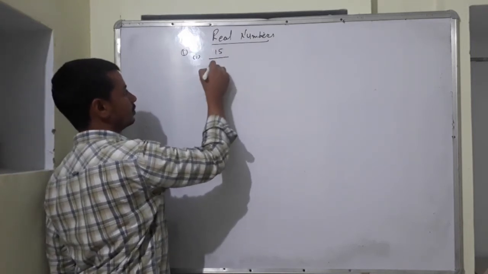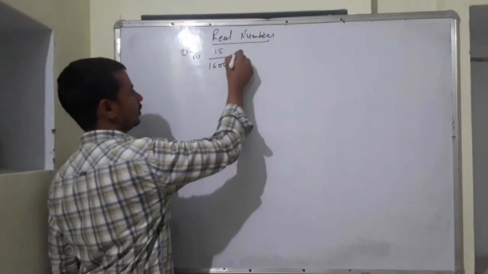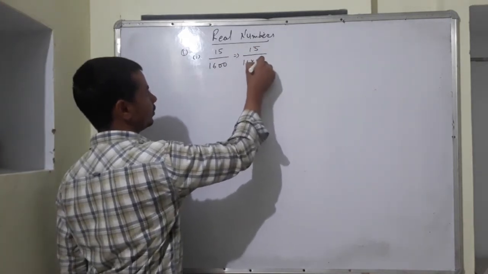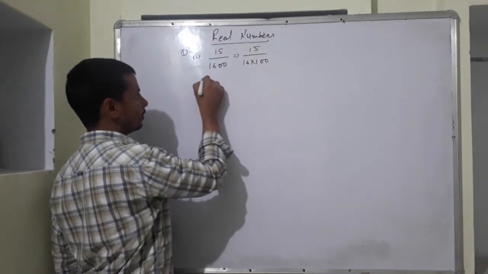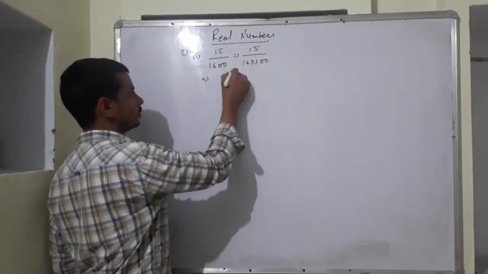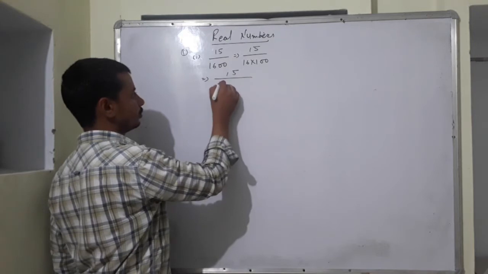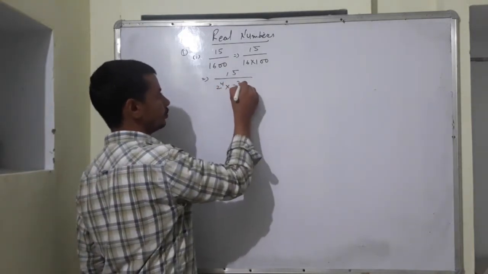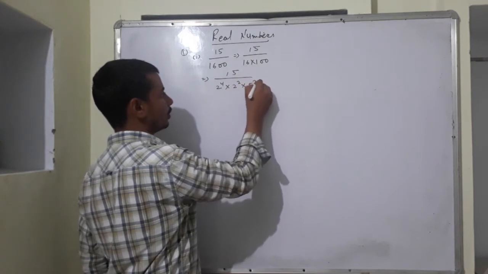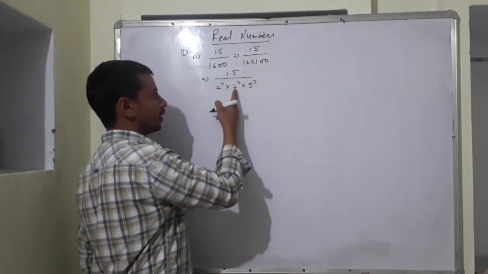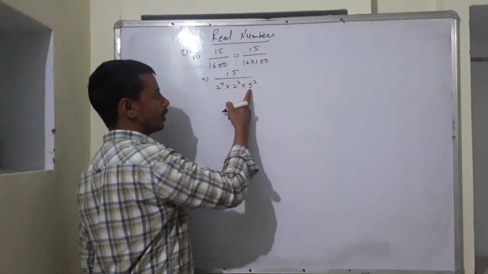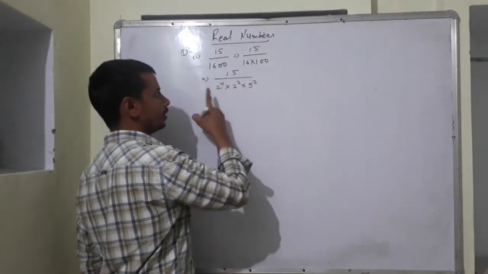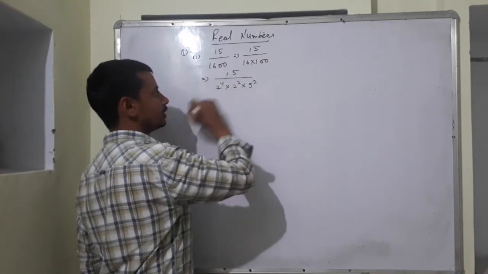We can write it in the form of 15 upon 16 multiply 100. Okay, and 15 upon 2 power 4 multiply 2 power 2 multiply 5 power 2. Okay, 2 power 2 equal 4 and 5 power 2 equal 25. 25 4s are 100 and 2 power 4 equal 16.